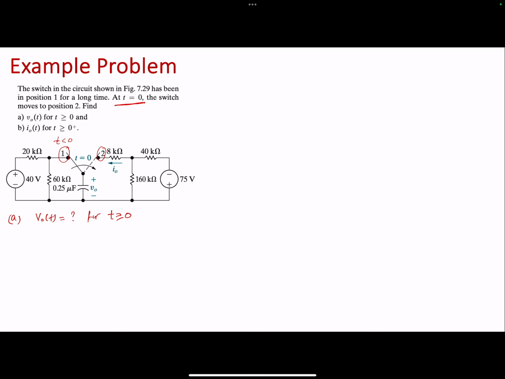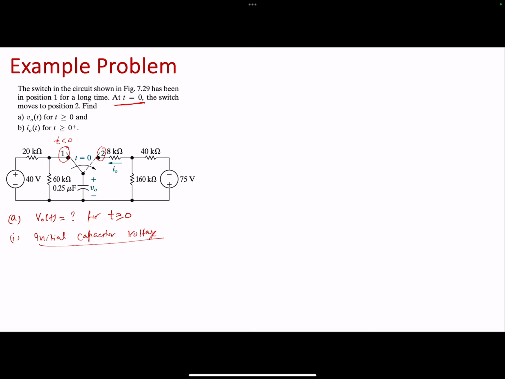We derived an entire equation, and we saw that in order to solve it, we need to find the initial voltage of the capacitor, the final voltage of the capacitor, and the time constant. Now let's start with determining the initial capacitor voltage, which practically means: before the switching event, what was the capacitor voltage?